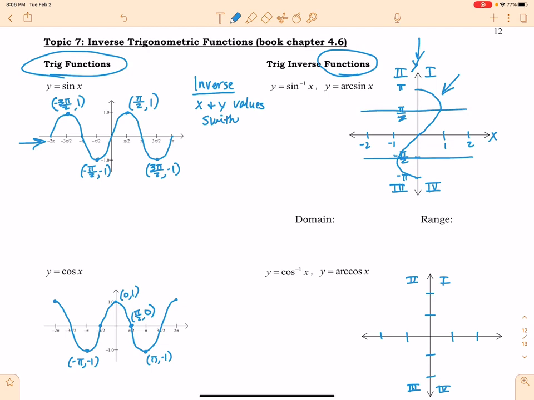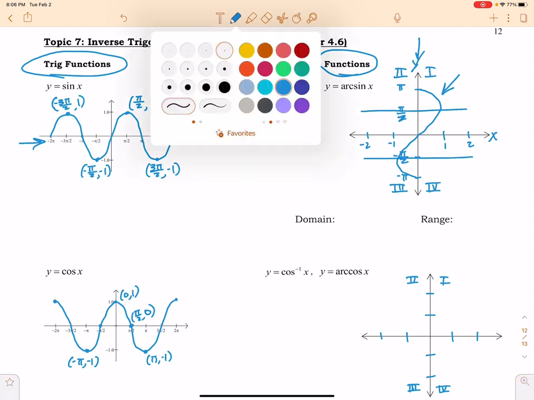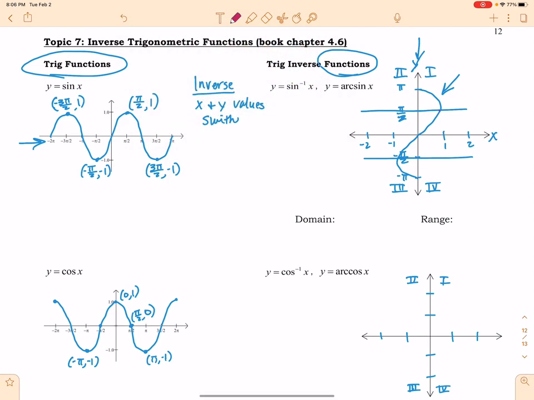So when I talk about an inverse trig function, I am only talking for the sine function about this bit right here. Okay, and let's think about that on the unit circle. That means it's going to restrict the quadrants for the trig inverse function values. So notice that this is positive 1 here.